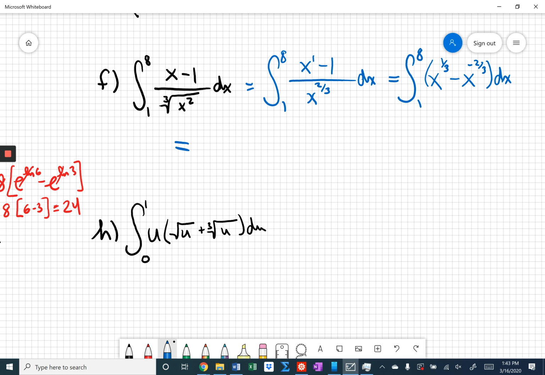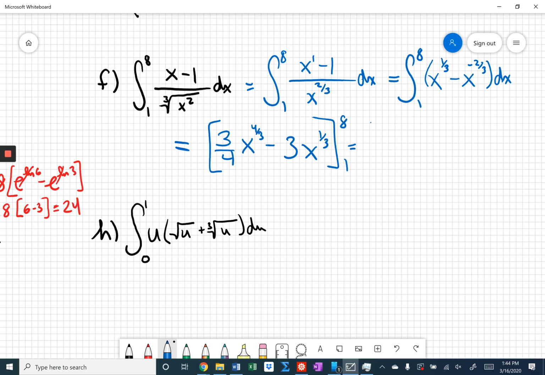And then we've got to divide by 4/3, but that's the same thing as multiplying by 3/4. So 3/4 x to the 4/3 minus, when I add 1 to this term here, I'm going to get positive 1/3, and I've got to divide by 1/3, so it's going to be multiplying by 3. And then I need to evaluate this from 1 to 8.